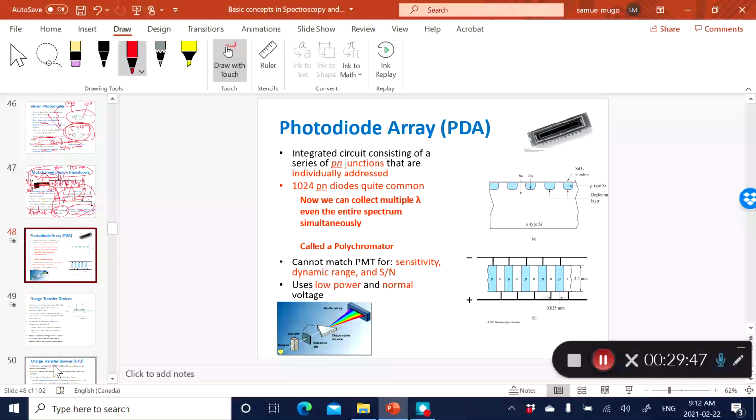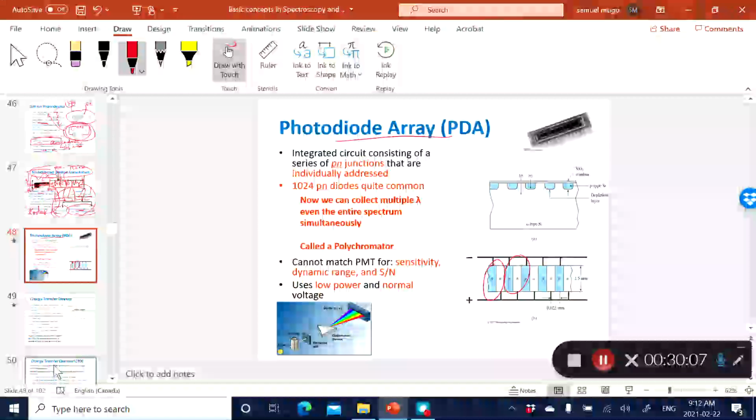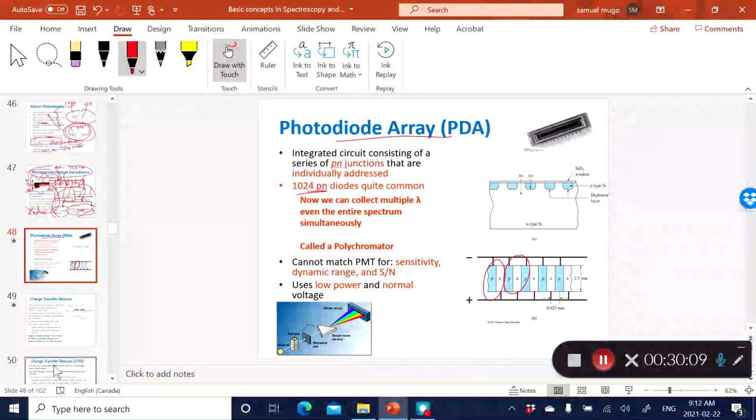As I've said, the photodiode array is just a series of PN type of diodes that are simply in an array. So just a multiplex of PN diodes. And because you can make them really, really small, especially using this technique of photolithography and so on, you can make up to 1,000 diodes on one plate.